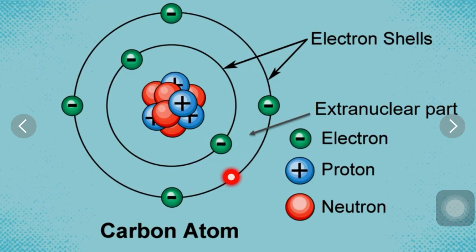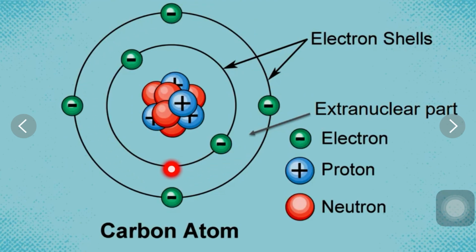On that orbit, there's a green color dot which is negative, that is the electron. Electrons are negative in charge and keep on revolving around the nucleus on discrete orbits.